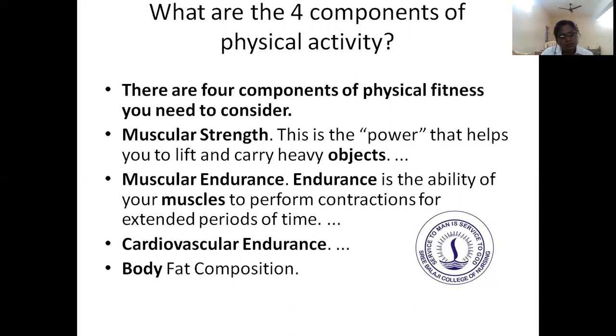Muscular endurance is the ability of your muscle to perform contractions for an extended period of time. Then cardiovascular endurance and body fat composition. These are the 4 components very important for a person to perform physical activities.